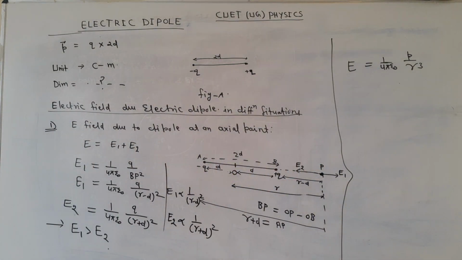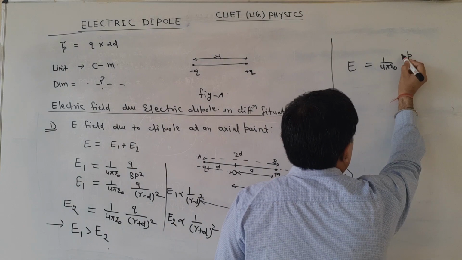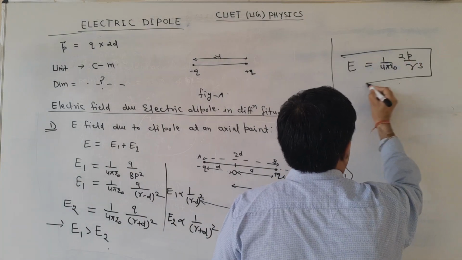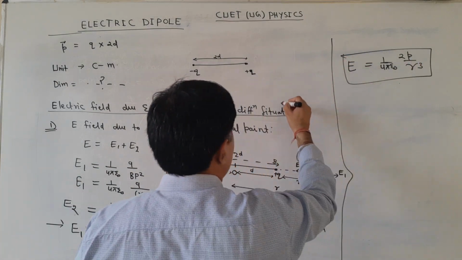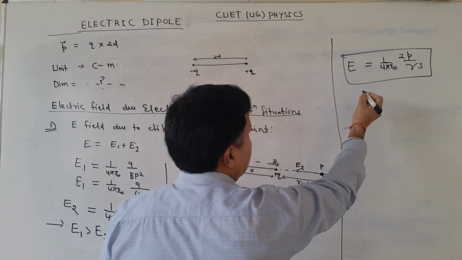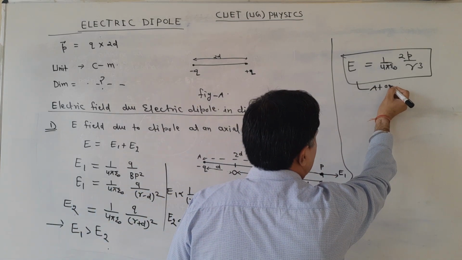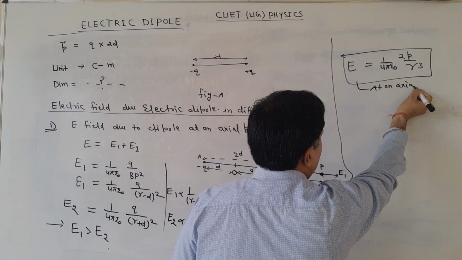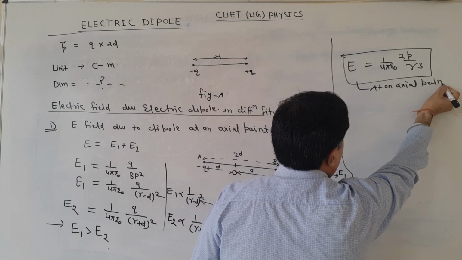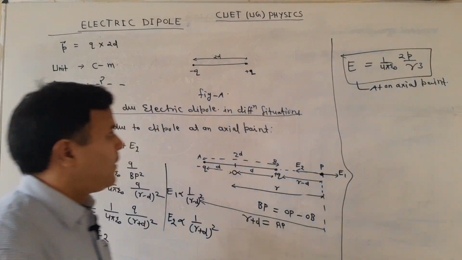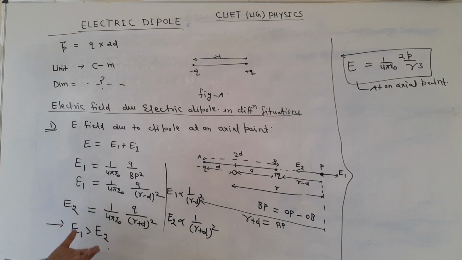This is 2p by r cube. So this is the profile corresponding to this situation at an axial point. So next we have the electric field due to equatorial line.